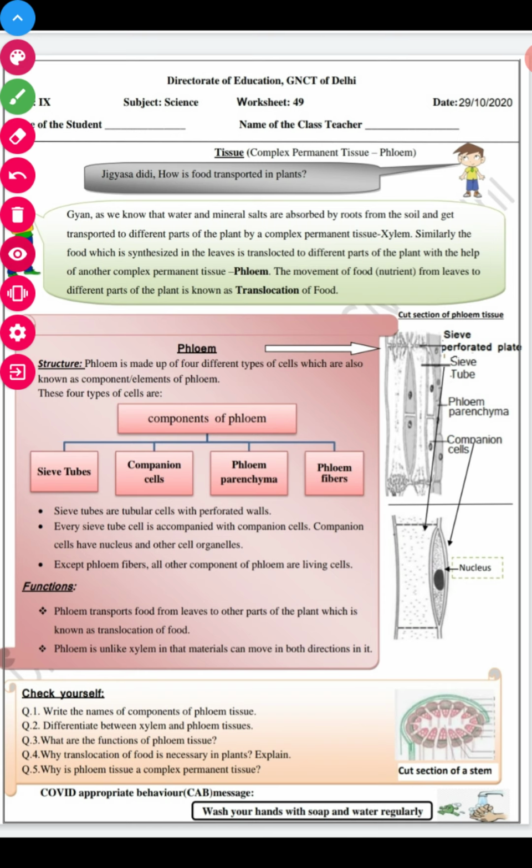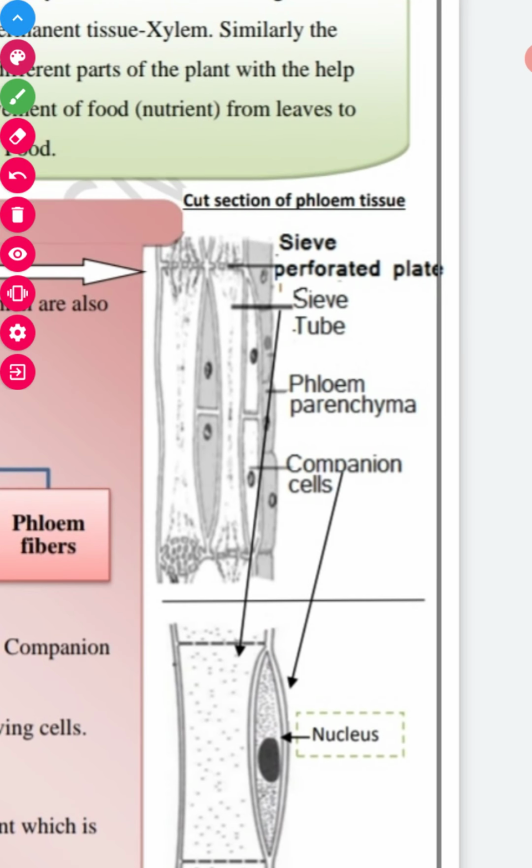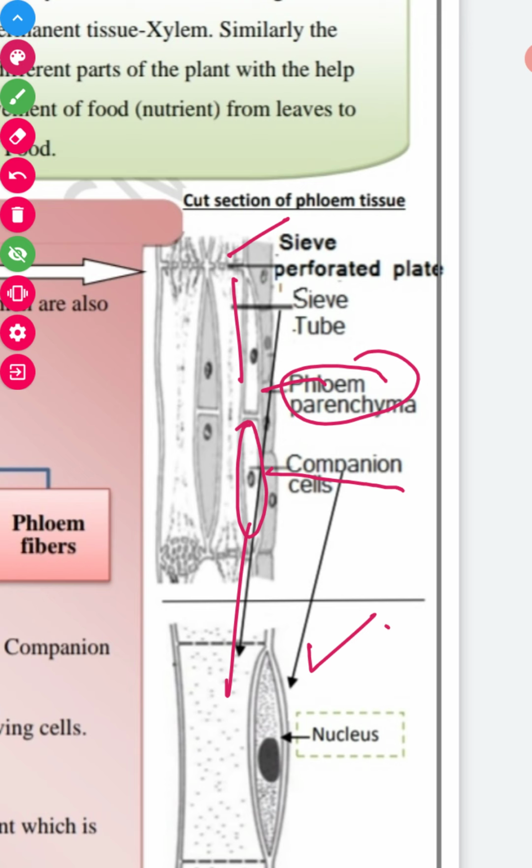See this structure of phloem tissue. We have sieve perforated plate, right? Then we have these sieve tubes. This is phloem parenchyma. This is companion cell, and this is the structure of your companion cell. Okay.